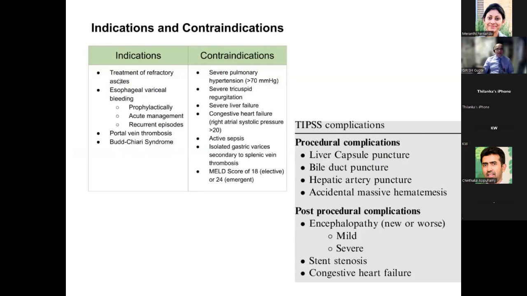The indications for TIPS are as follows: treatment of refractory ascites mainly, esophageal variceal bleeding during acute management when the child comes with an acute GI bleed, portal vein thrombosis if the anatomy is feasible, and definitely in some children with Budd-Chiari syndrome, it has been very useful.